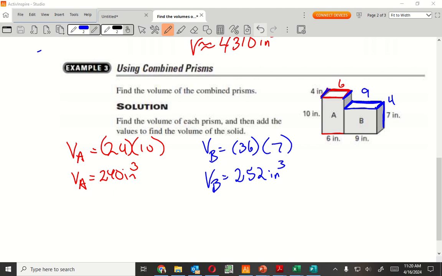And then the volume of all of it, which refers to the solid, that means the whole thing, all of it together, I add these two together. And what's that? 492. So my volume of A plus B is equal to 492 inches cubed.